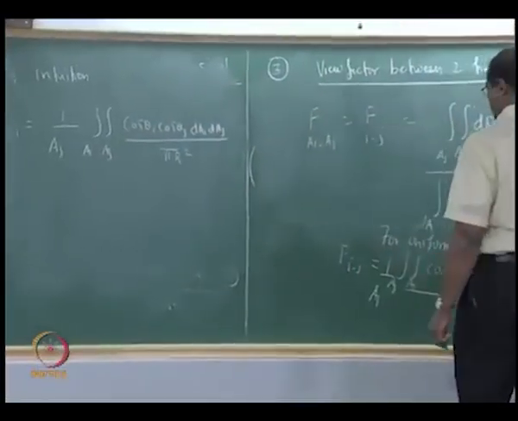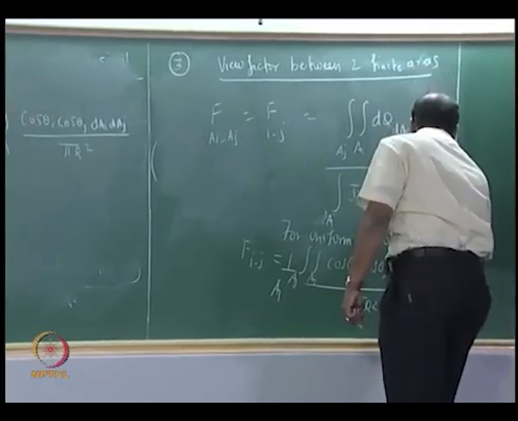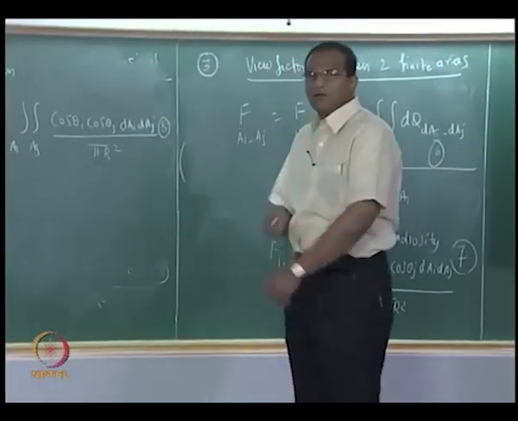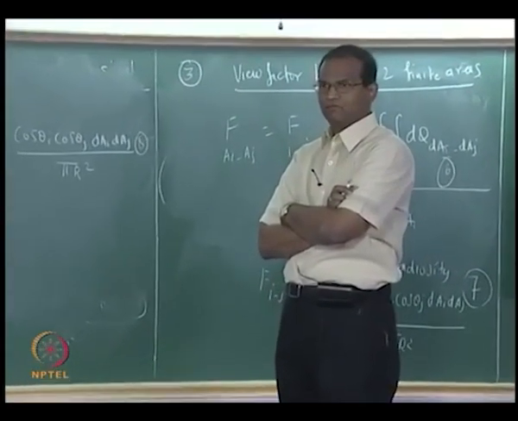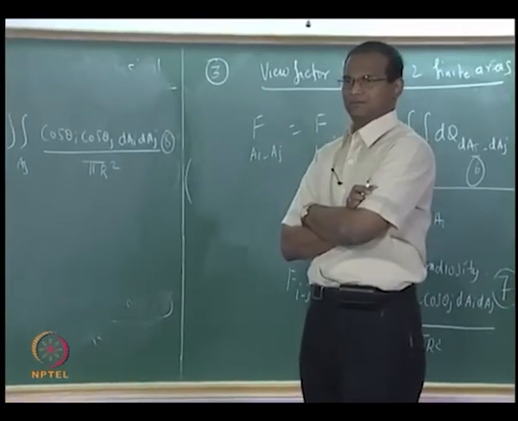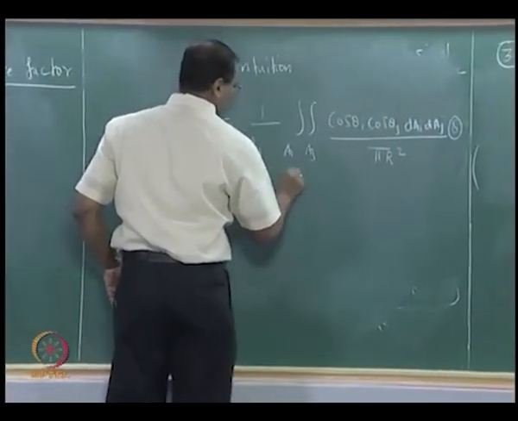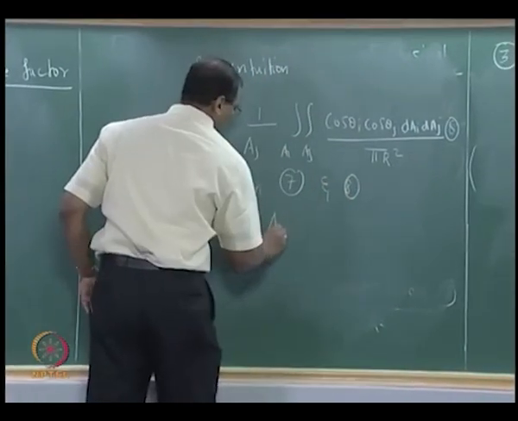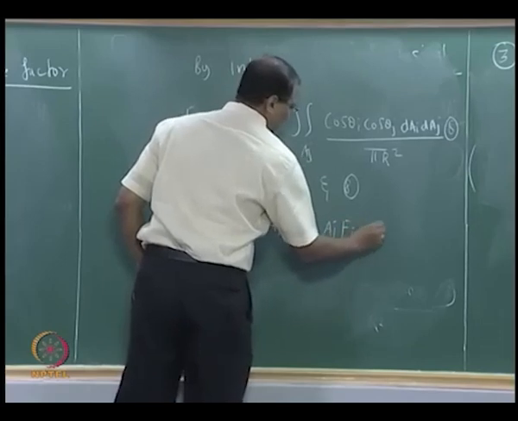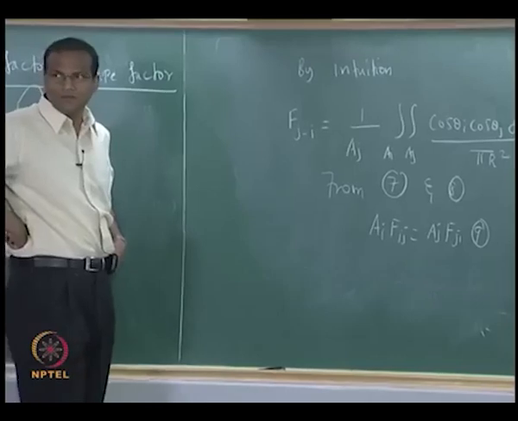What was this number? 6, 7. By looking at 7 and 8, what can you say? AiFij equal to AjFji. This is what is called the reciprocal rule or reciprocity relation, okay.